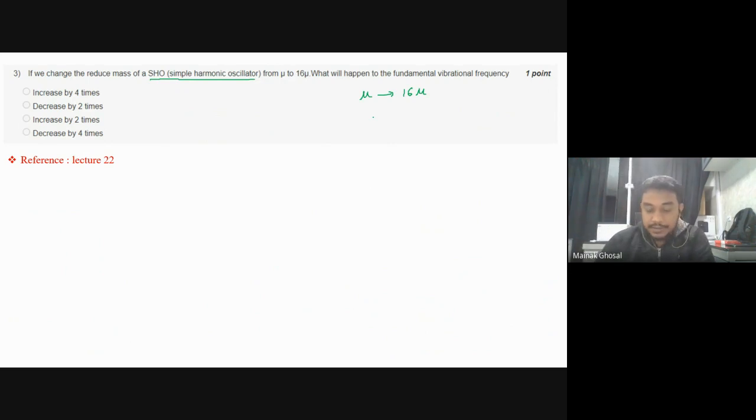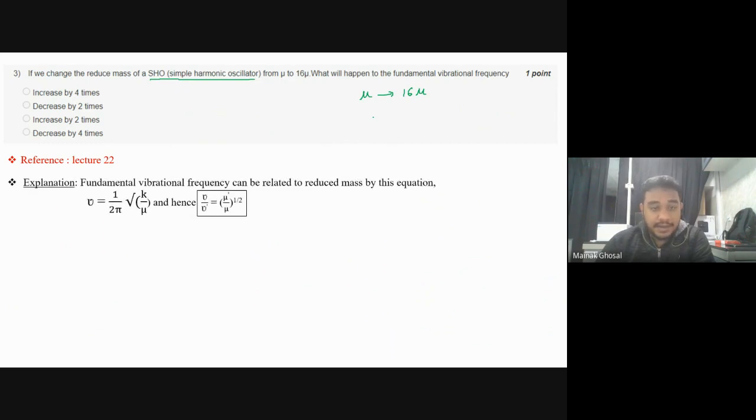You will find the reference in lecture number 22. The fundamental vibrational frequency can be related to the reduced mass by this equation, a very important equation in chemistry: nu equals 1 by 2 pi root over k by mu.